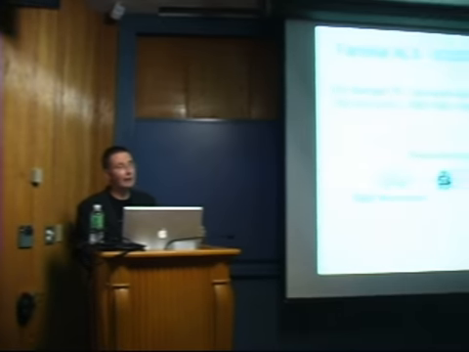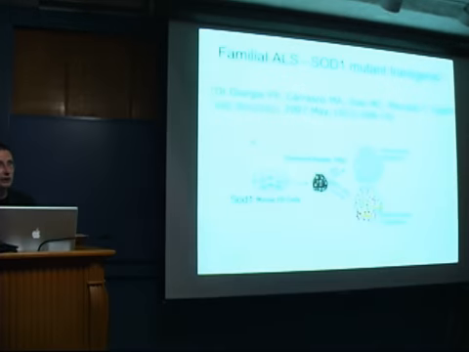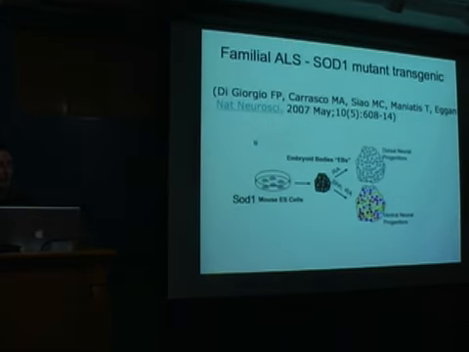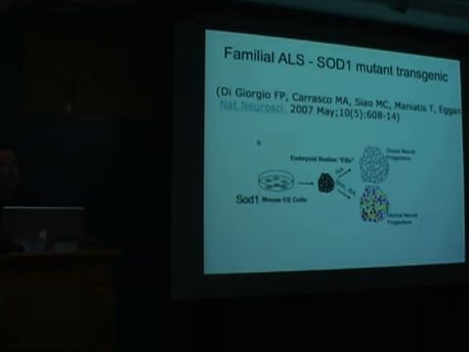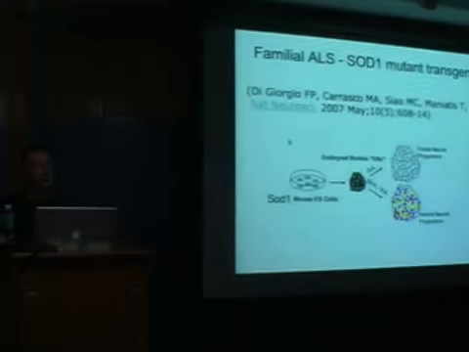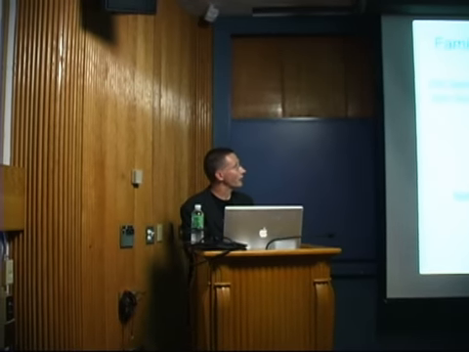As you may know, Lou Gehrig's disease, ALS, has a component which is familial and inherited. And amongst that component, there are a few genes that have been identified that are associated with that inheritance. The best studied of those are mutants in an enzyme called superoxide dismutase, which has specific amino acid mutations in the human.